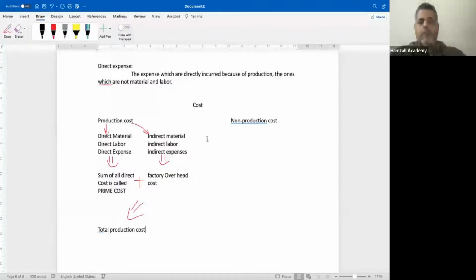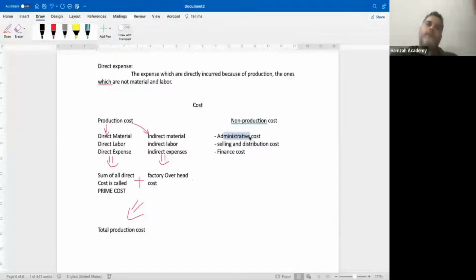Whereas in non-production cost, we have administrative cost, we have selling and distribution cost, and we have the finance cost, right? So the head office cost, that is the administration. That cost that we are incurring has nothing to do with the production, that is going to be called as the administrative cost.